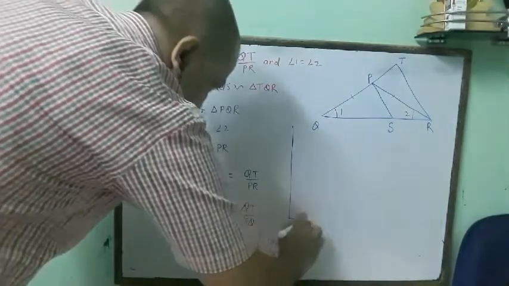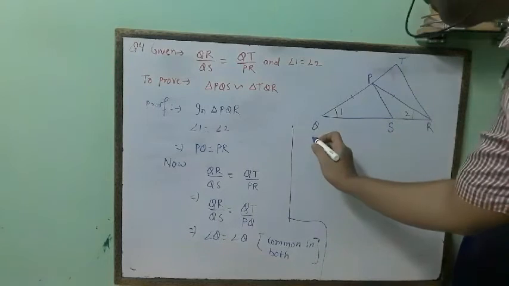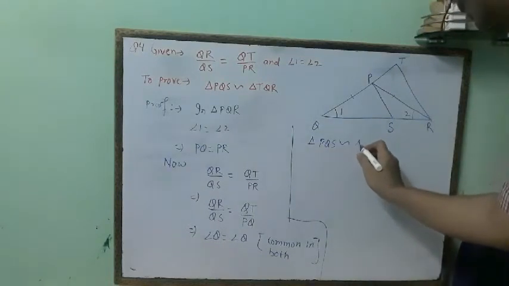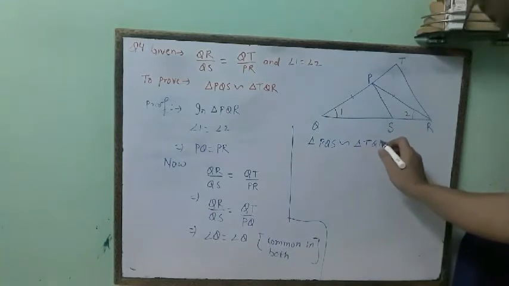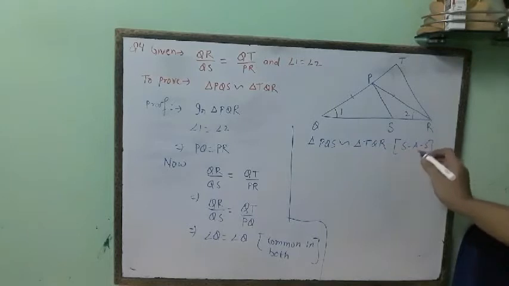That's why we can say that triangle PQS is similar to triangle TQR. The criteria will be SAS.